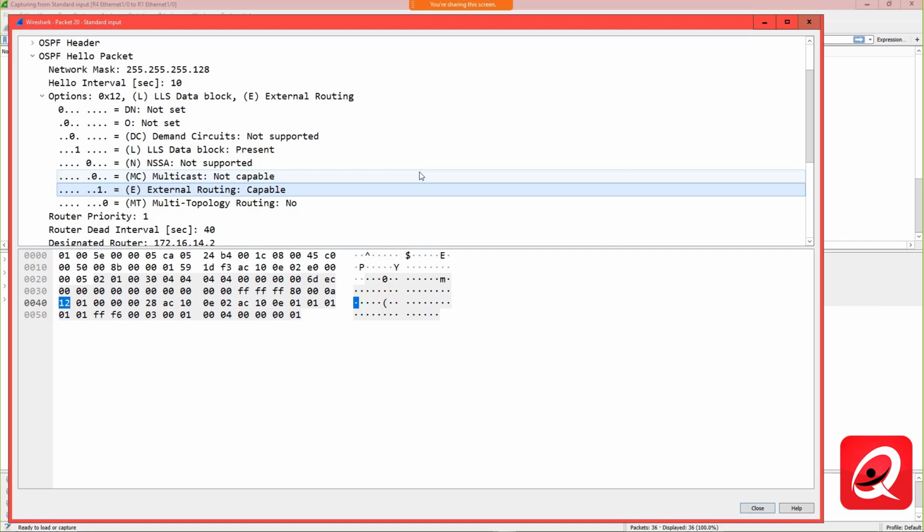An autonomous system boundary router, and we'll get into this later because we're going to start to look at other LSA types, is any router in OSPF that takes routes from another routing process and sends them into OSPF through redistribution. Okay? Those routers are going to be generating a very specific type of route.